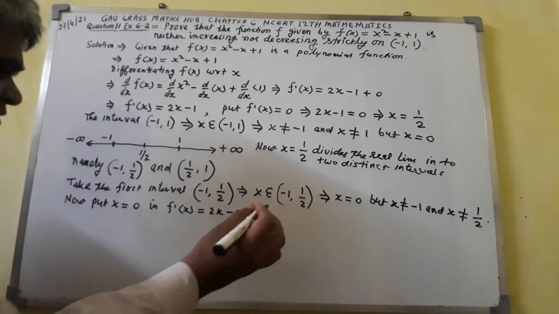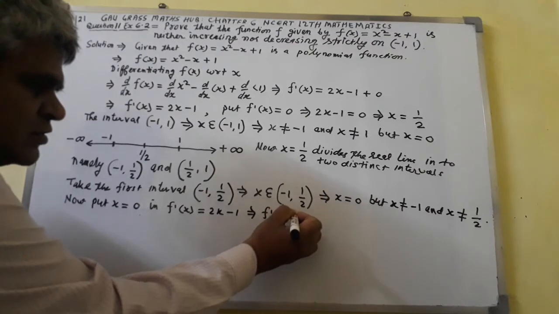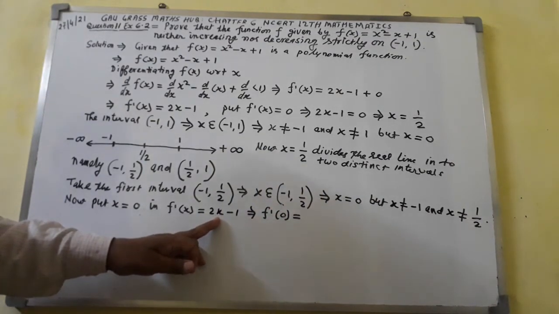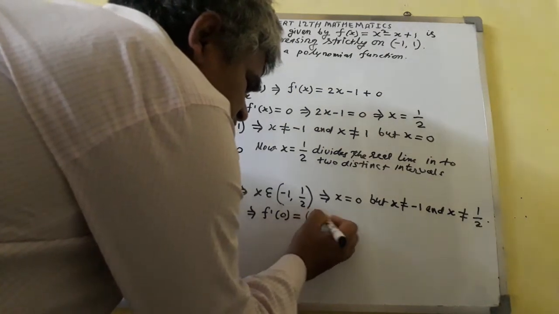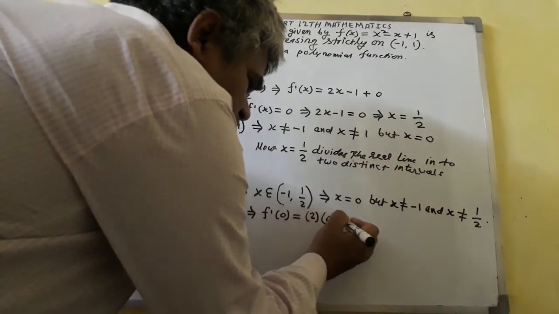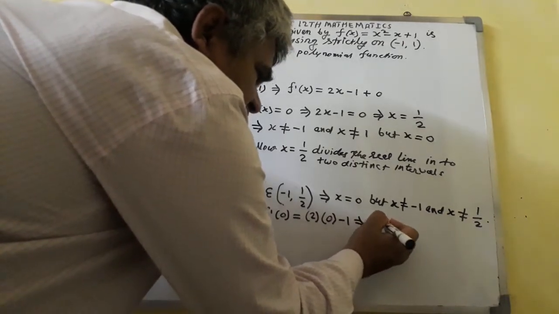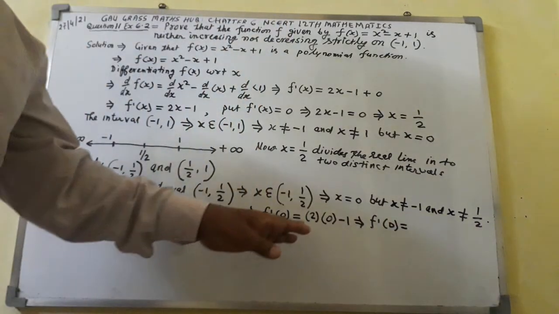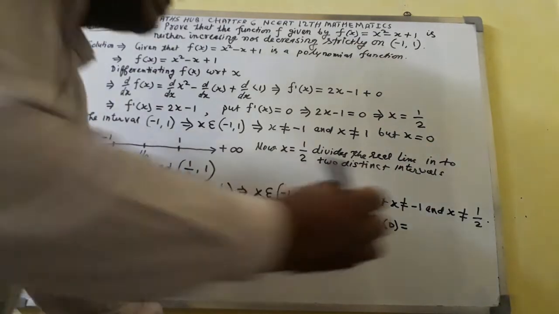This implies that f dash of 0 equals, in place of x I shall put 0, that is 2 multiplied by 0 minus 1. 2 multiplied by 0 comes out to be 0. Here you will get minus 1.